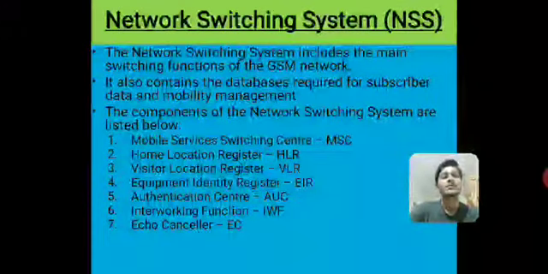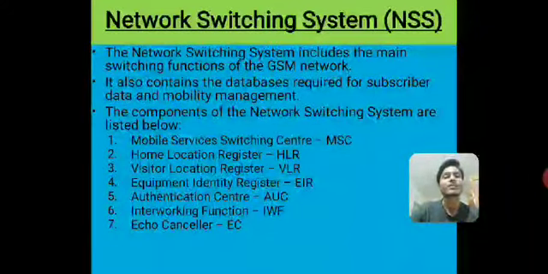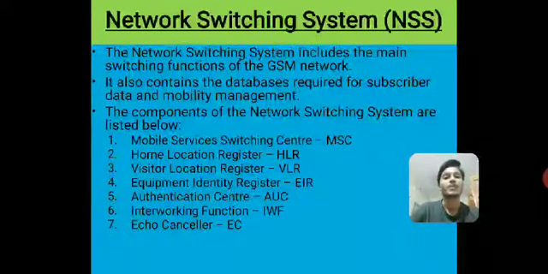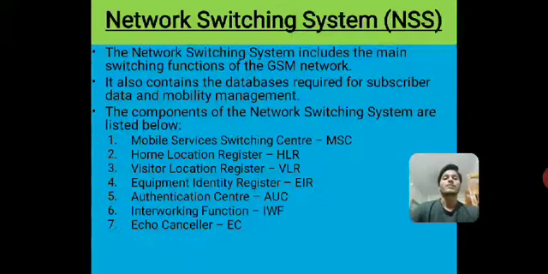The components of the network switching system are listed below: Mobile Services Switching Center MSC, Home Location Register HLR, Visitor Location Register VLR, Equipment Identity Register EIR, Authentication Center AUC, Interworking Function IWF, Echo Canceller.